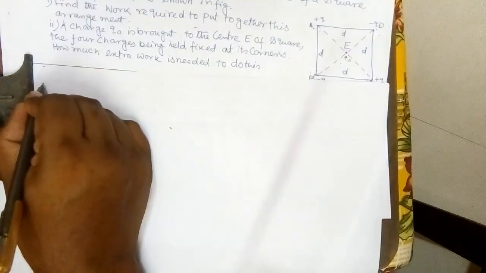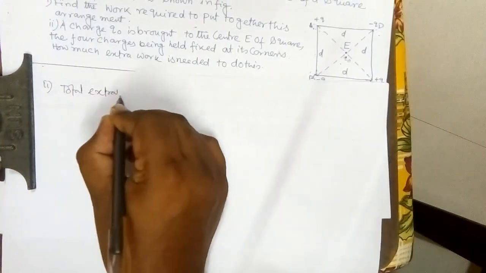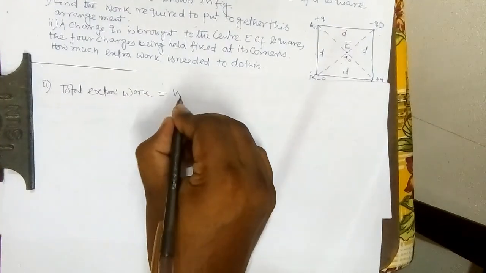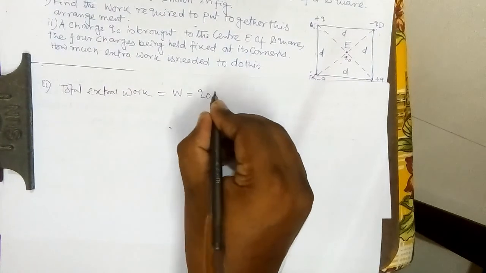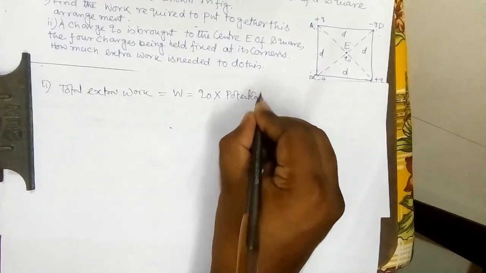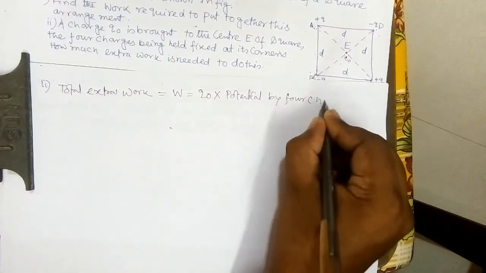So I have to write here that total extra work should be equal to W, that is equals to q naught into potential by 4 charges.